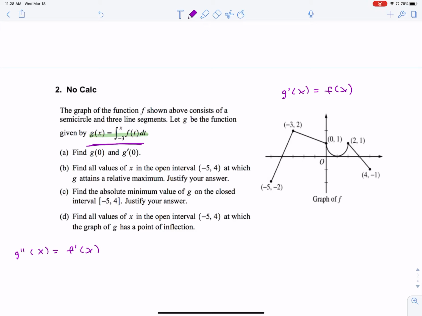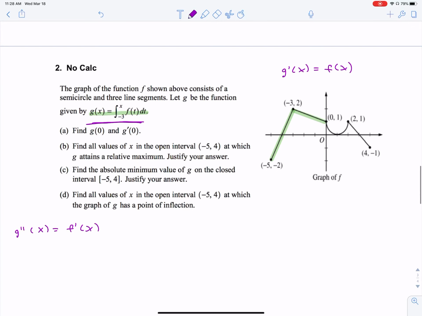So in other words, where the slope of those tangent lines changes from positive to negative. So notice, from -5 to -3, the slopes of the tangent lines to my graph are positive. From -3 all the way to 0, it's negative. What does that mean? At x equals -3, there's an inflection point.